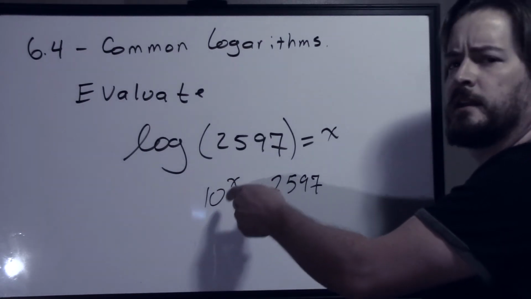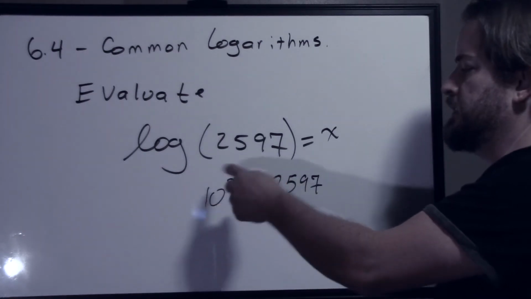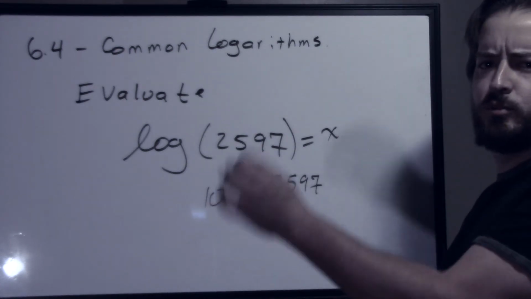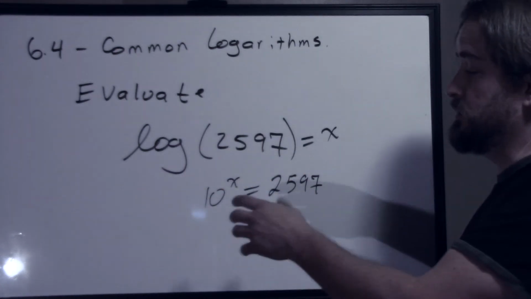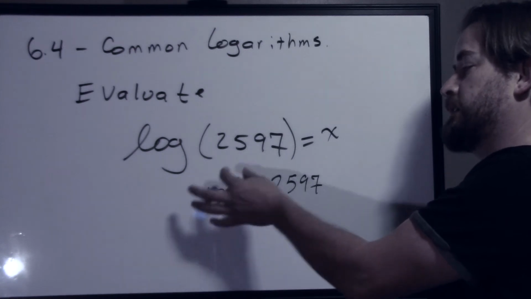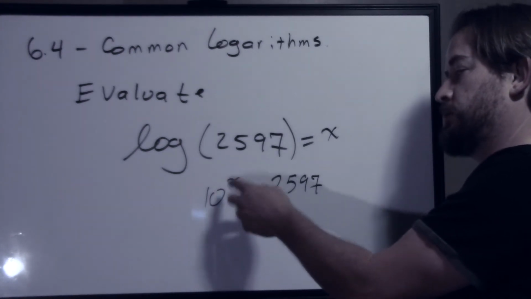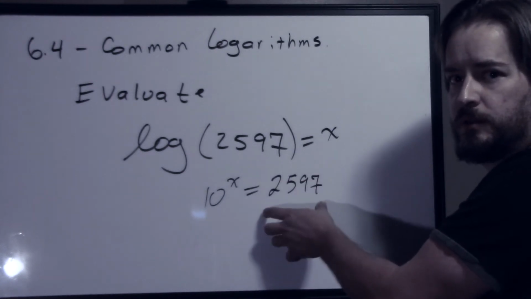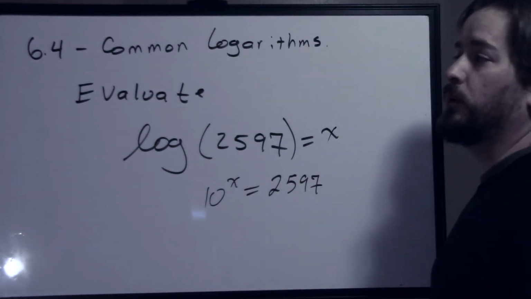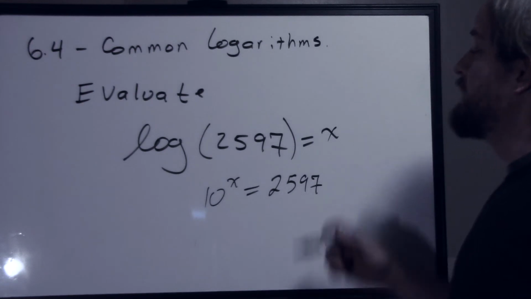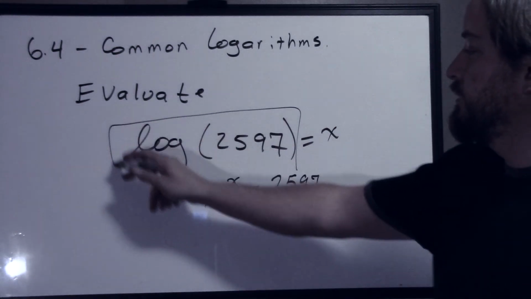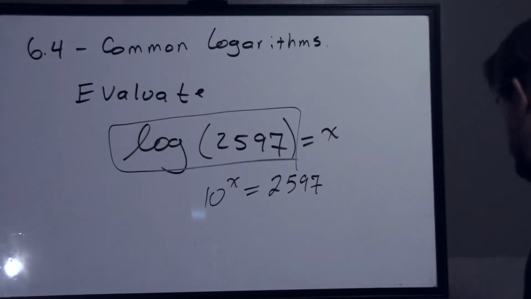10 to the 1 is 10, 10 to the 2 is 100, 10 to the 3 is 1,000. I think I said 2 point something. I lied 10 seconds ago. It's 3 point something. Because 10 to the 3 is 1,000, which is smaller than this number, but 10 to the 4 is 10,000, which is bigger than this number. So I should get 3 point something out of this. Let's plug log of 2597 in there.